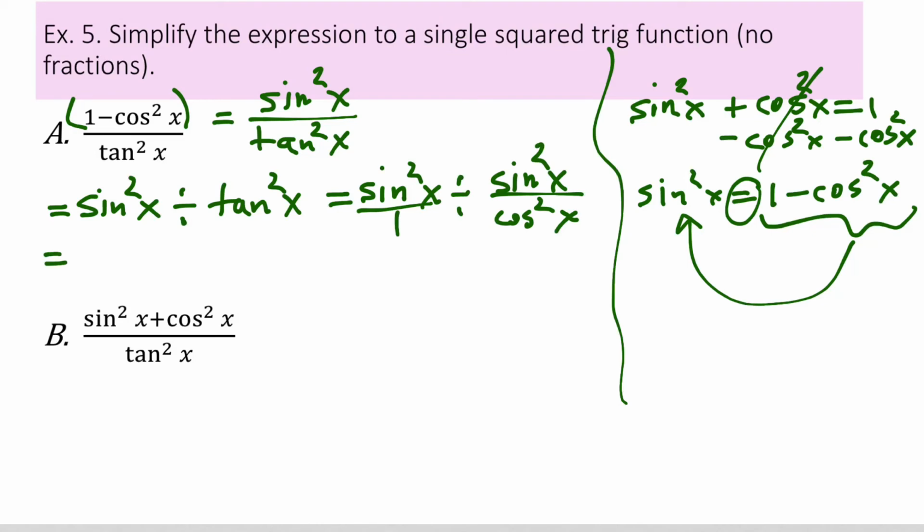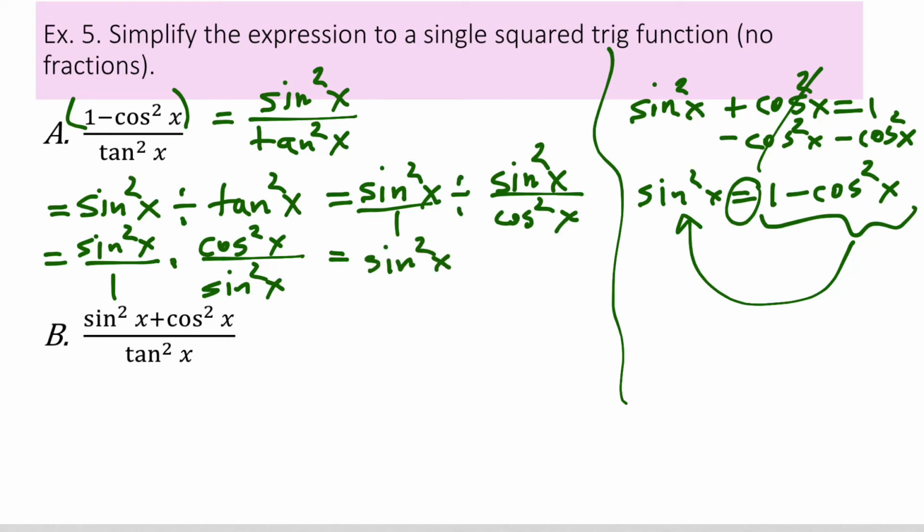So I can say sine squared of x over 1 and flip and multiply. So flipping the second fraction, I have this. So in the numerator now I've got the sine squared of x times the cosine squared of x, and 1 times the sine squared of x in the denominator.